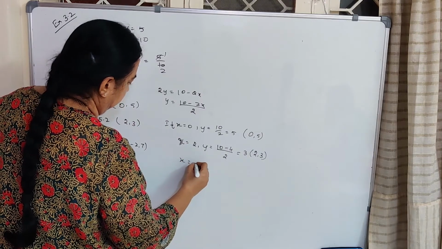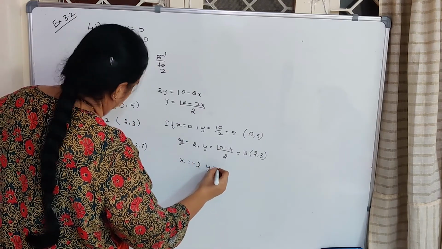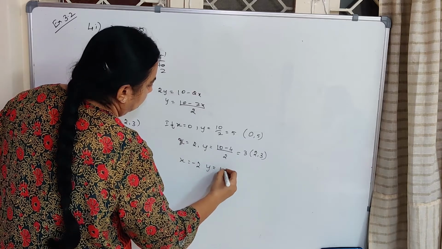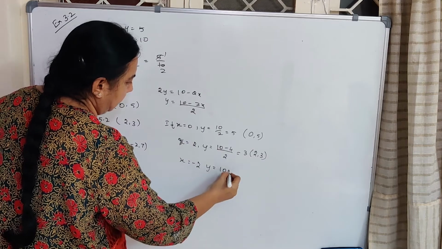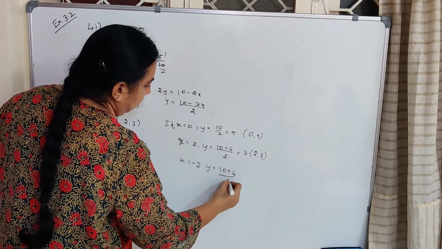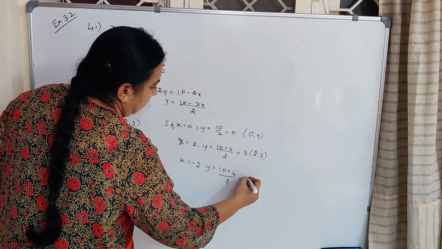And x is equal to minus 2, y's value becomes 10 minus of minus 4 by 2, so 14 by 2 is 7.